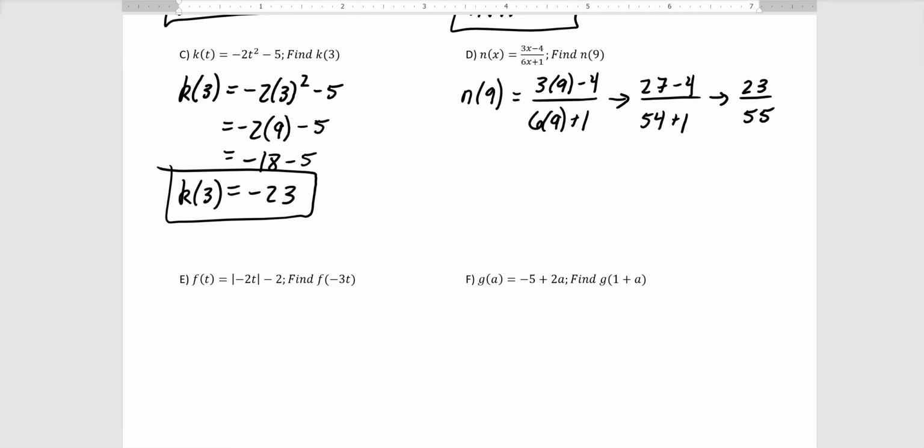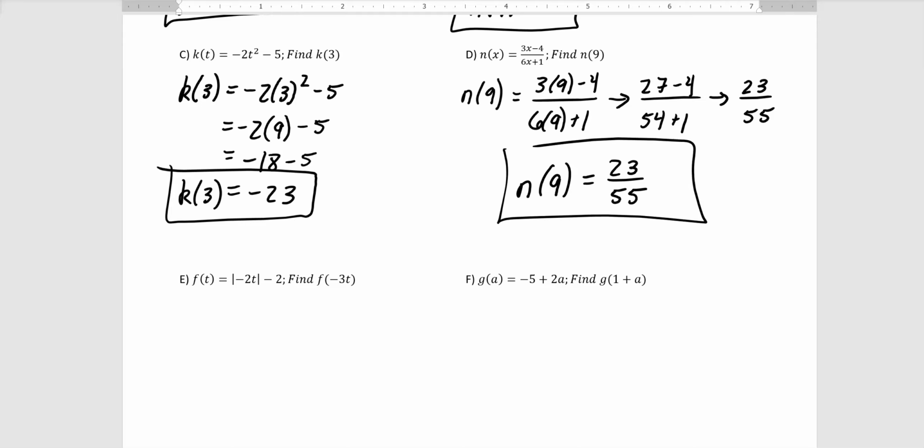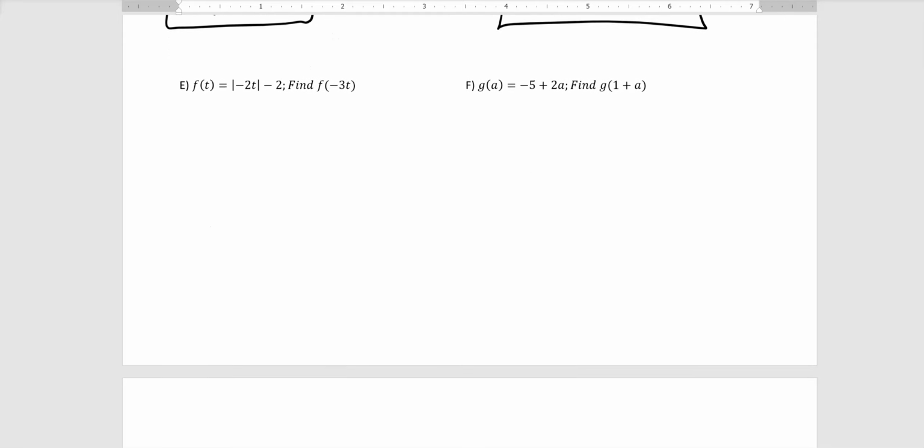And I don't think we can simplify that anymore since 23 is a prime number. So we'll say that n of 9 equals 23 over 55. There we go. Awesome.